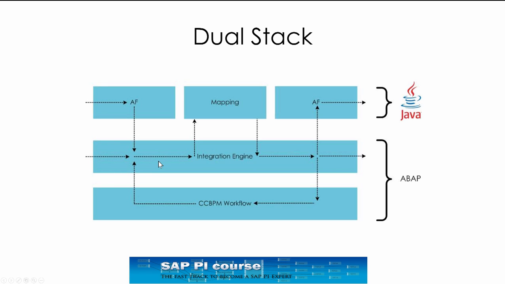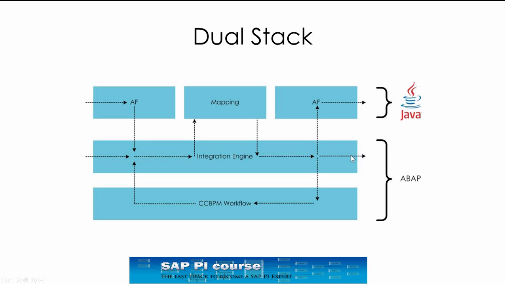Then when you get a message in, there are some different pipeline steps the message would have to go through. One of them would be to do a mapping, and most often you do the mapping in Java. So you put up the mapping into this area here in the Java stack. It will go back and you'll process the message again, and you'll figure out what to do with it. Do we need to put it in the adapter framework and place it out?